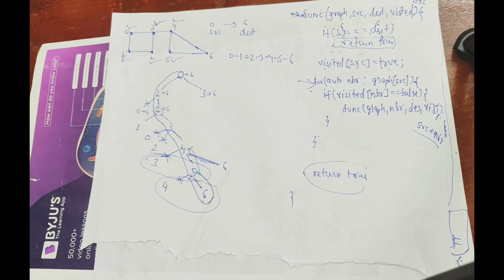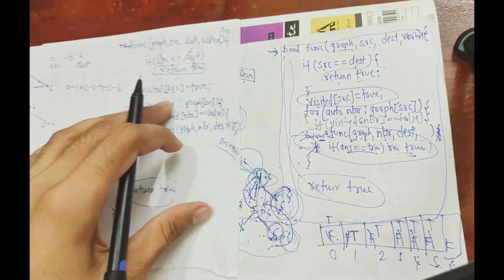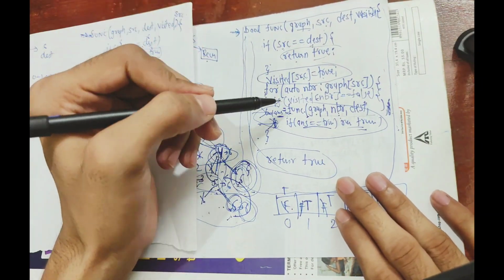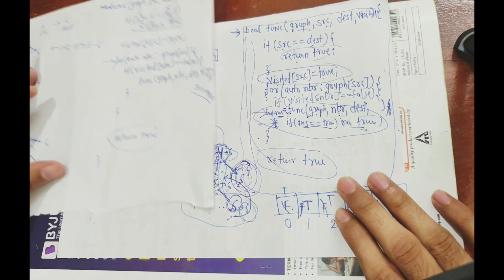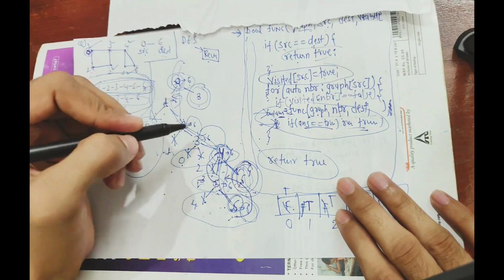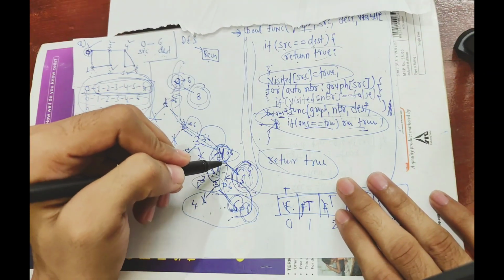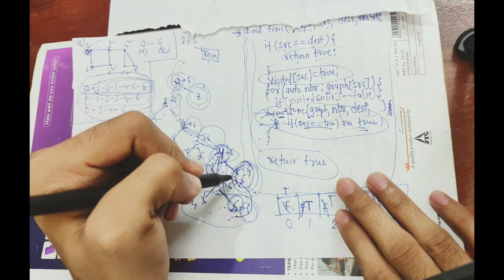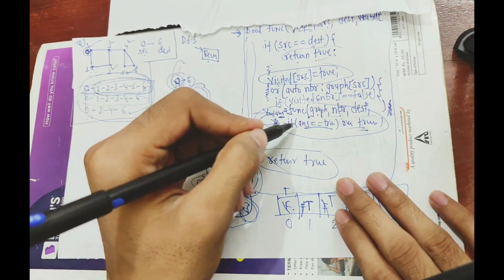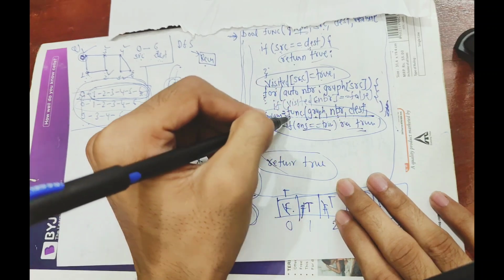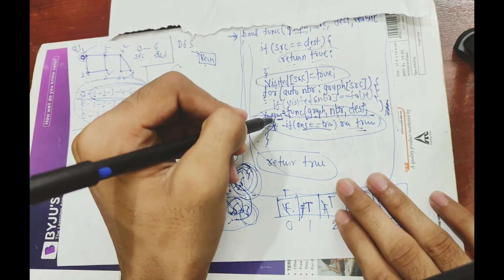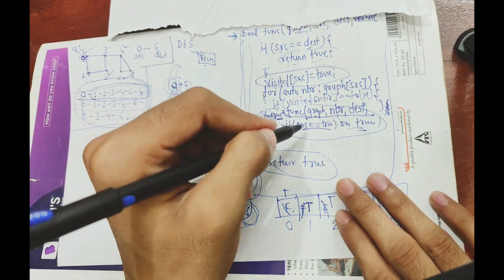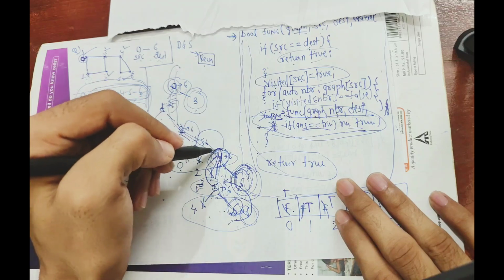Sorry, see, in this part we are at 4, and we are not going to this 6 because of this line, because this part is returning true and the answer is storing the path as true, so that's why we are returning from this point.